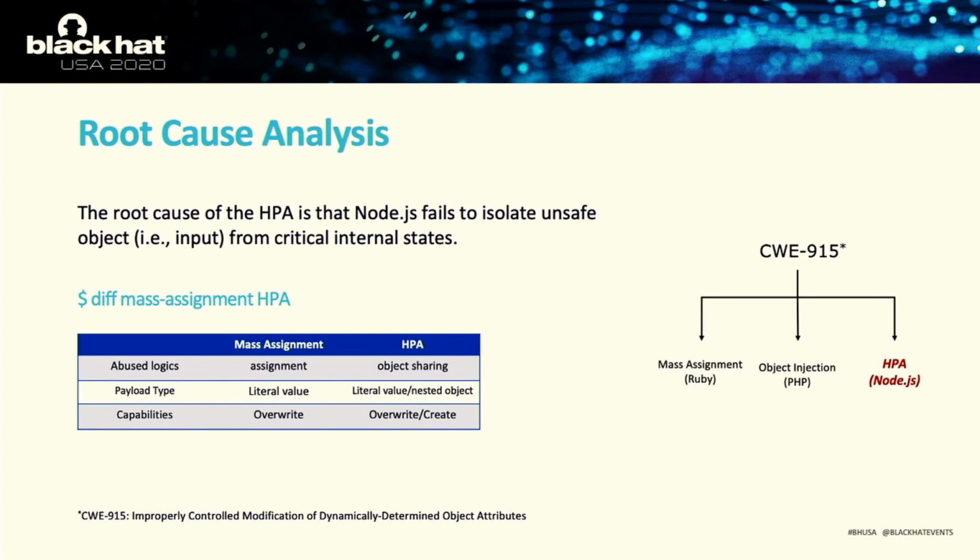So the payloads are also different. The mass assigned payloads are literal values. However, HPA can introduce hidden properties with either literal values or nested objects. More importantly, Ruby is strongly typed, so the mass assignment vulnerabilities cannot introduce new properties into the victim object. However, HPA can inject arbitrary properties, which makes HPA very flexible and powerful.